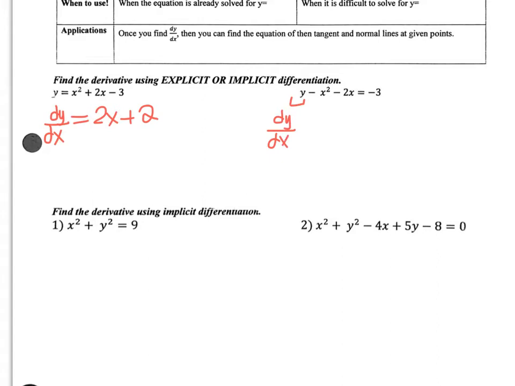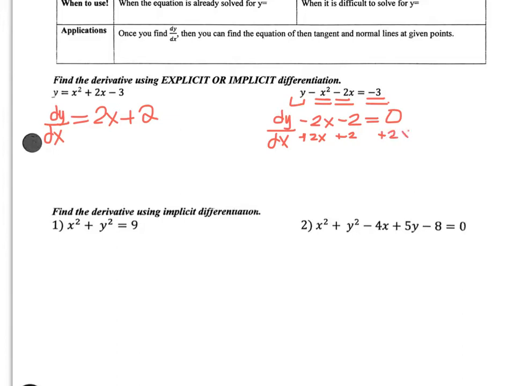The derivative of 2x, or excuse me, x squared, is 2x. And the derivative of negative 2x is minus 2. And the derivative of any constant, like negative 3, is 0. And all we have to do is now just solve the equation for dy dx. So I could add the 2x, or plus 2, to both sides.